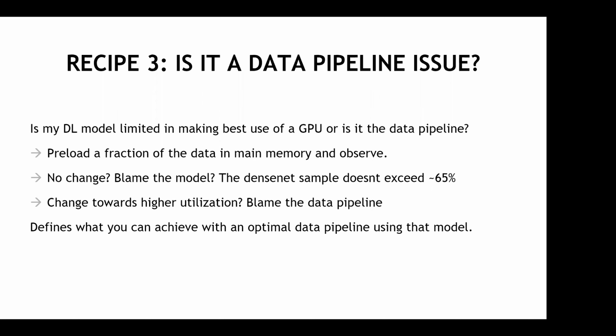It's basically detaching the pipeline from the model and just observing the model computation. I have seen some models where I had some other bottleneck, but it wasn't a data loading bottleneck. If you do it, and you see that the utilization goes up, then obviously you can blame the data pipeline and focus your work on that one.